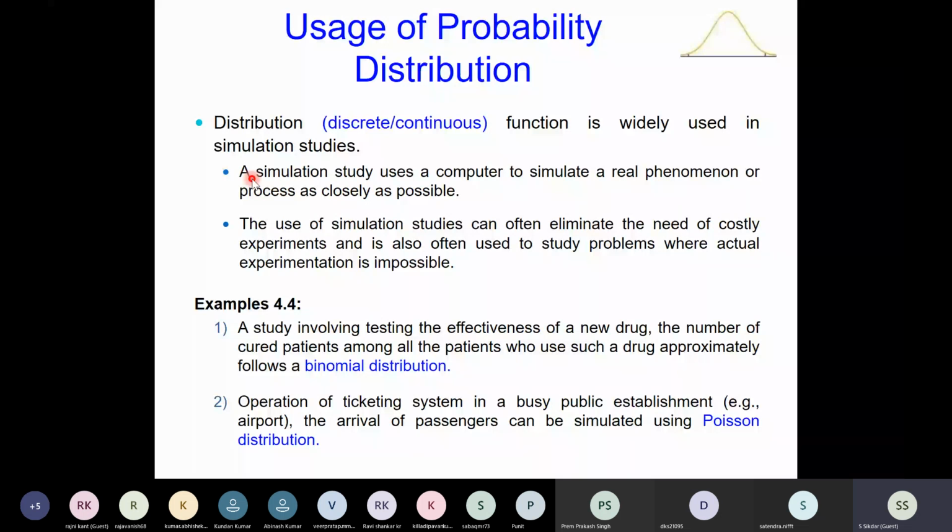If you recall, I was talking about the introduction of a new drug or a medicine. The same thing I have noticed here: it has been given a study involving testing the effectiveness of a new drug. The number of cured patients among all the patients who use such a drug approximately follows a binomial distribution.